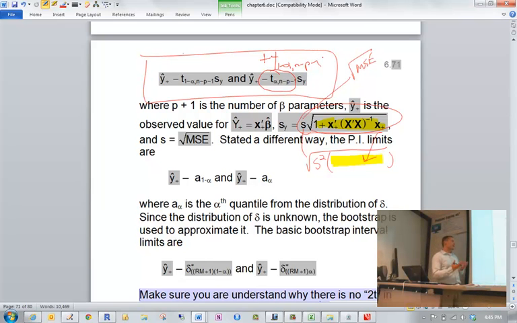But you can state this interval a little bit of a different way. Take your y hat plus a quantile from the corresponding distribution of delta. So essentially, this is a quantile from the distribution of delta, if you assume normality for your epsilons.